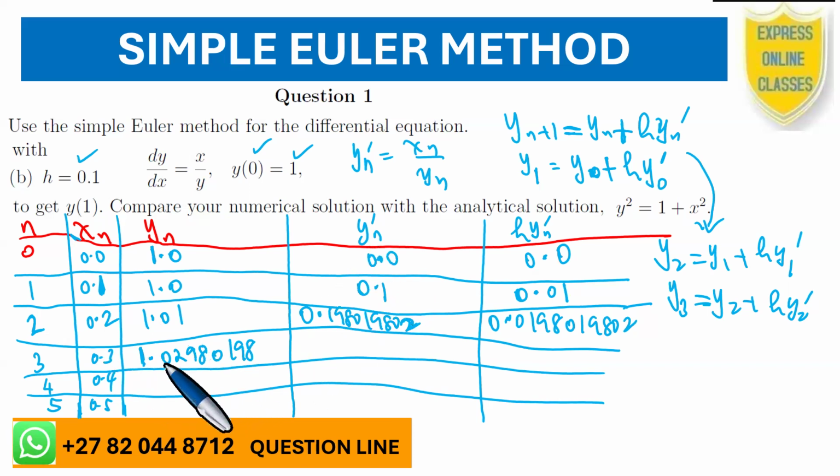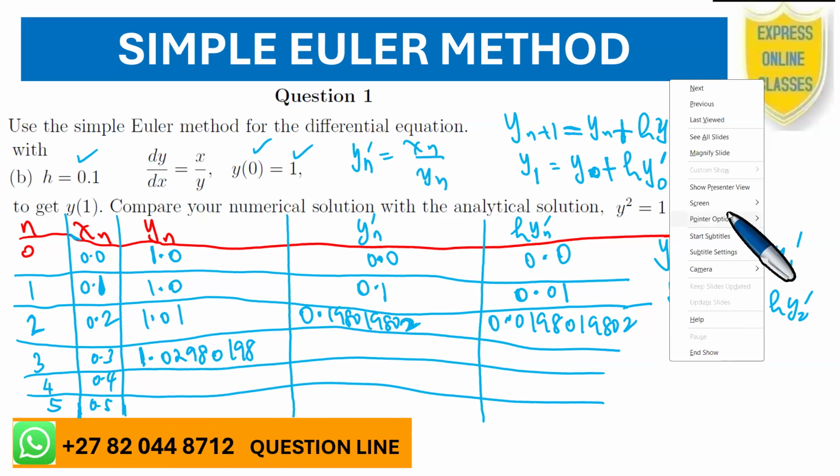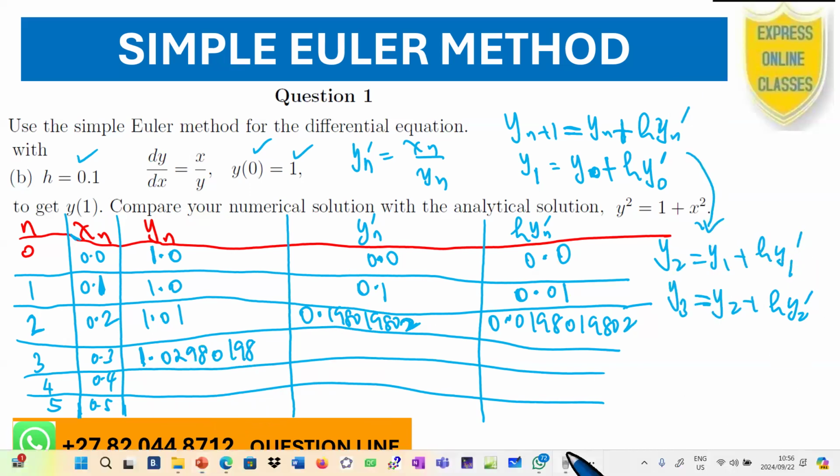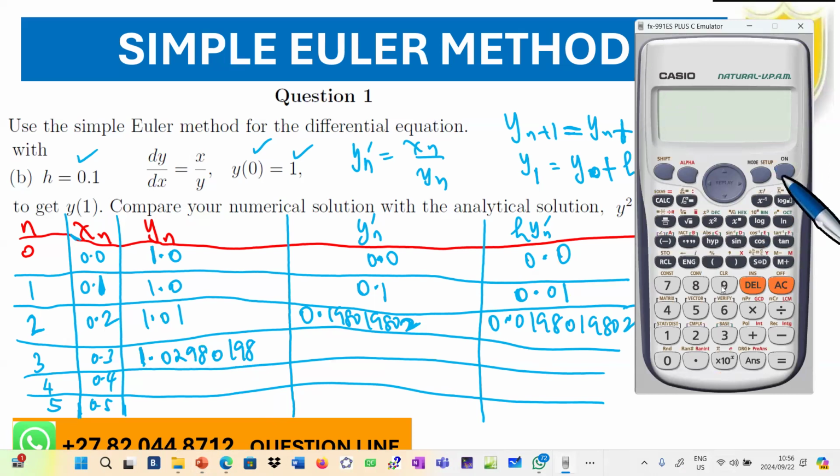Yeah, divide the x and the y. So which means you're going to divide the x and the y. Okay, yeah, you can do it like this. 1.02980198, and we get 0.291.